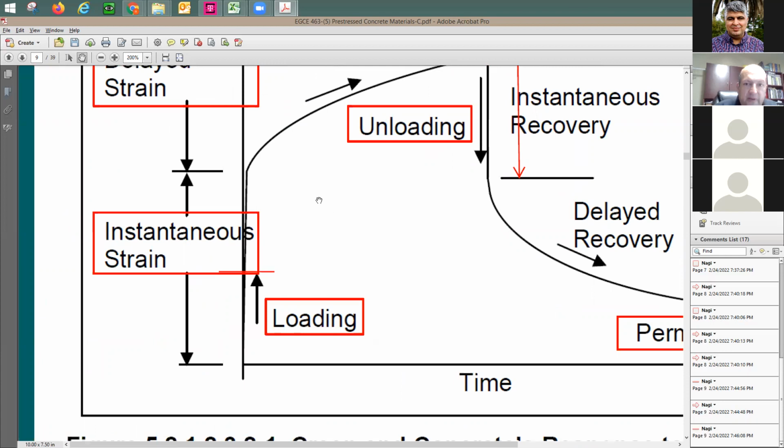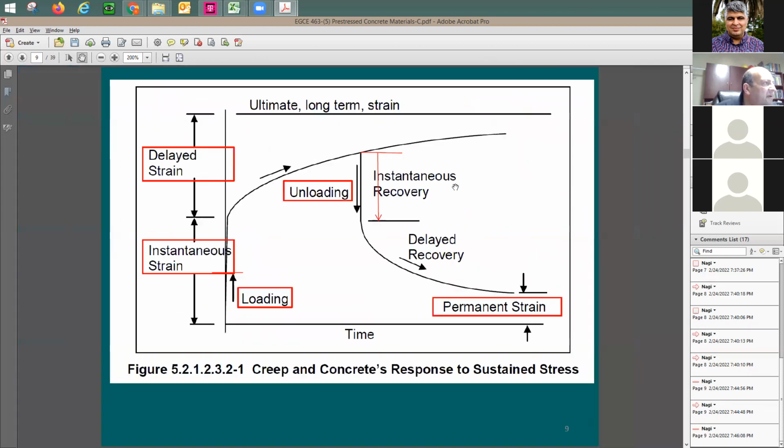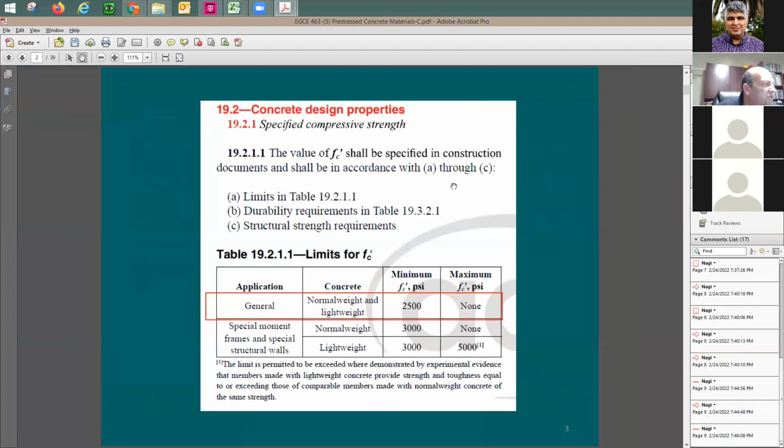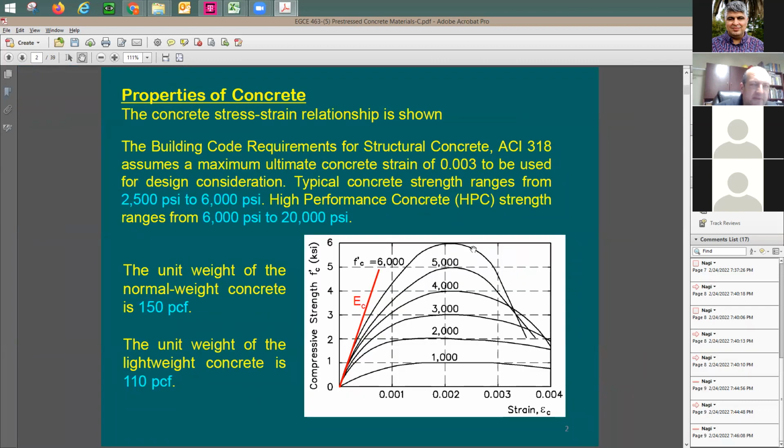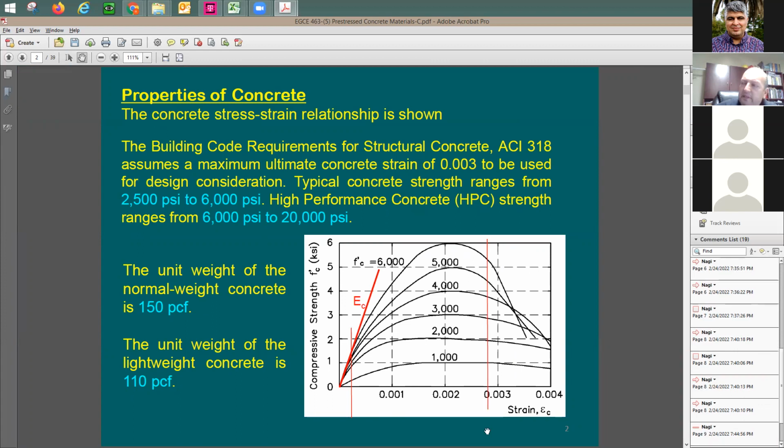If you remember here, the stress-strain relationship for concrete, it looks like this. So if you apply a point load, it's going to take the strain only to this range. It's going to be all elastic. Look at this, it's going to come back. But the problem is, if you put here some load that takes the concrete strain all the way to here, now the concrete has deformed already, and it's going to keep this deformation in there.